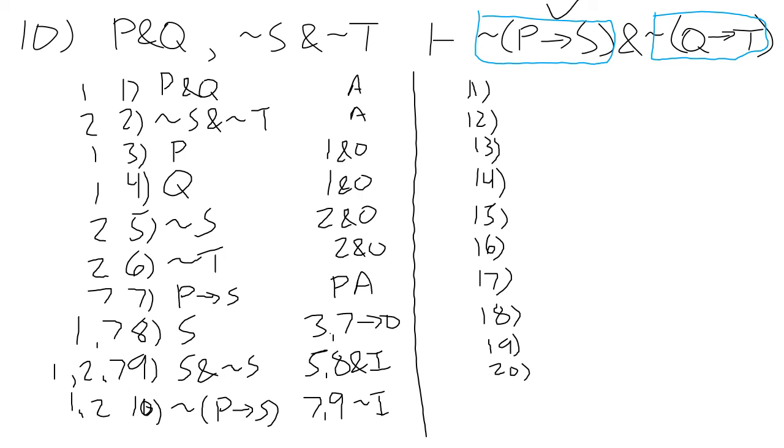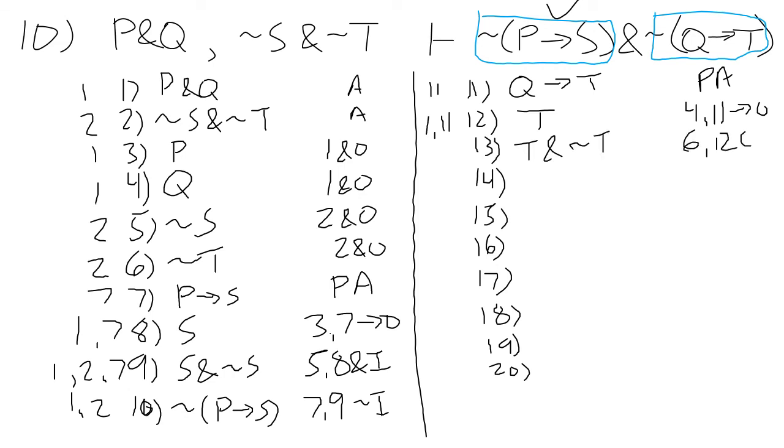Now we've proved this one, so we've got to prove the right conjunct. And so we'll assume its opposite as a PA. And then we'll look to prove a contradiction. I can get T from 4 and 11, arrow out. So it's 1 and 11. And then I got a tilde T from 6, so I can do T and tilde T from 6 and 12, ampersand in.